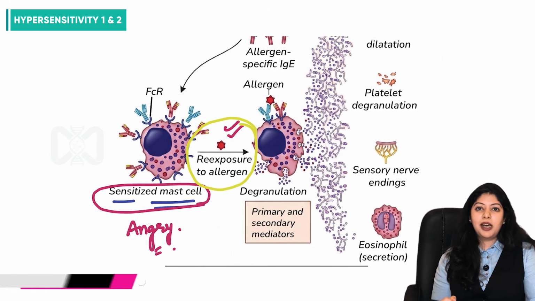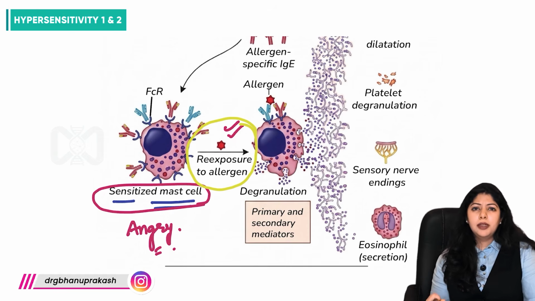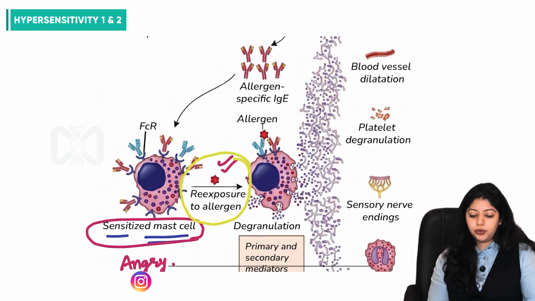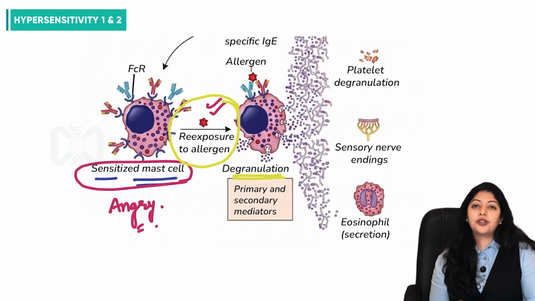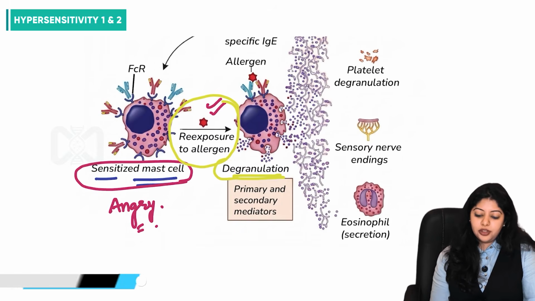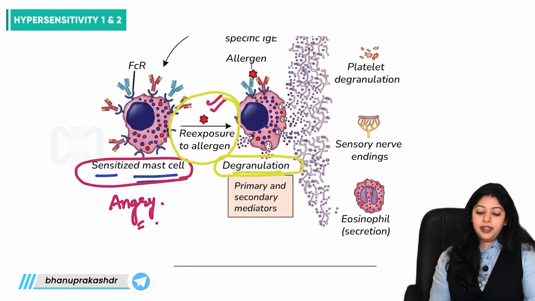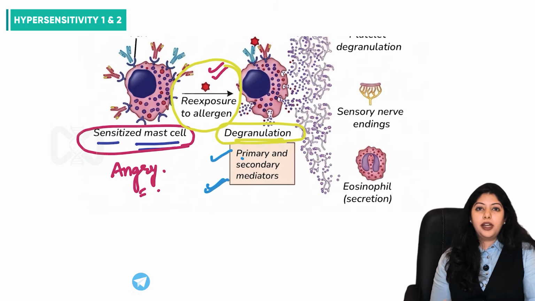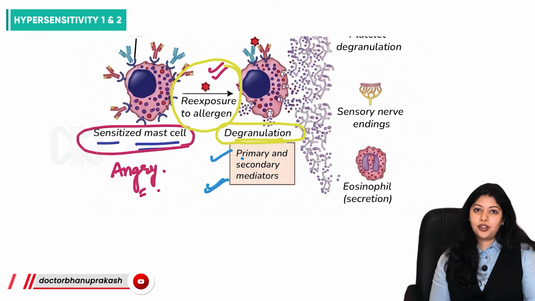Now, since the mast cell is already angry, it is full of so many situational things. So now, in order to curb that anger, it is going to lead to degranulation. The mast cell is degranulating itself and producing mediators, primary and secondary mediators, to get rid of that allergen, to cause inflammatory or injurious reactions.